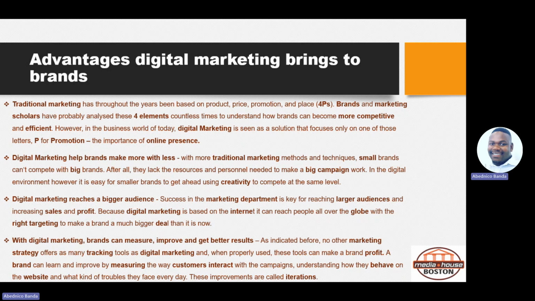However, with digital marketing, with social media or with email, you can always revisit, you can always go back to your emails. You can always get content on digital platforms. So it reaches a bigger audience.